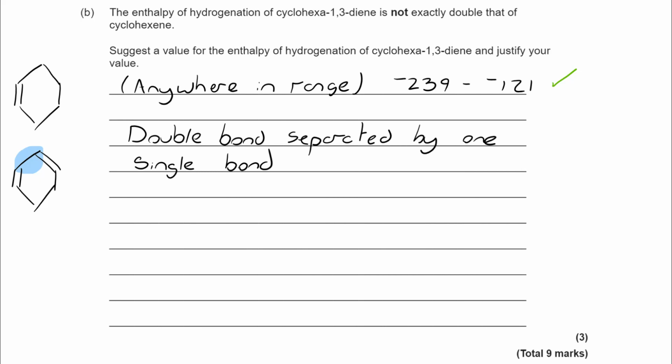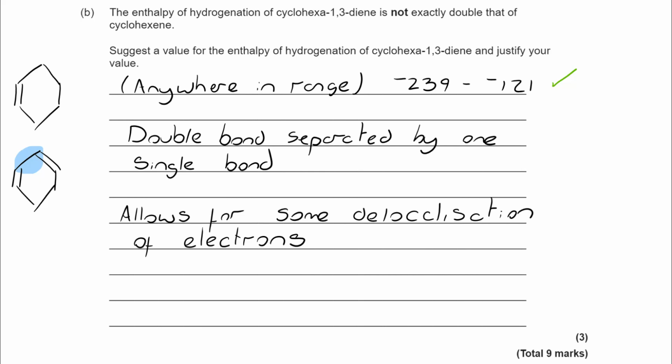Well, when we think about what happens in benzene, where the electrons start to overlap and we get the pi bonds, the same can happen here. We can get some delocalization. That makes it slightly more stable, and therefore it's not going to be double the level of energy released.